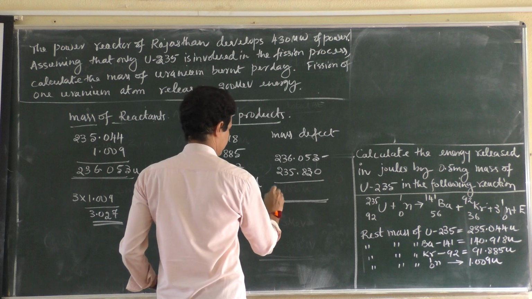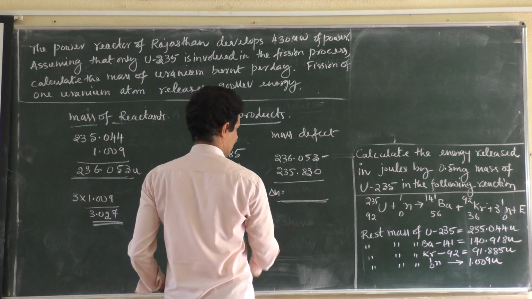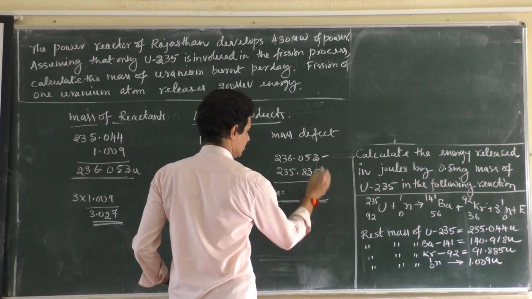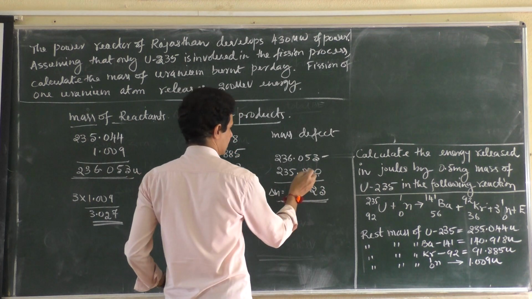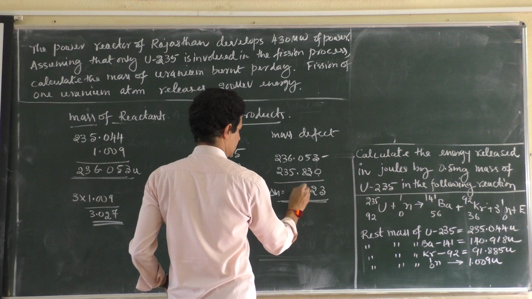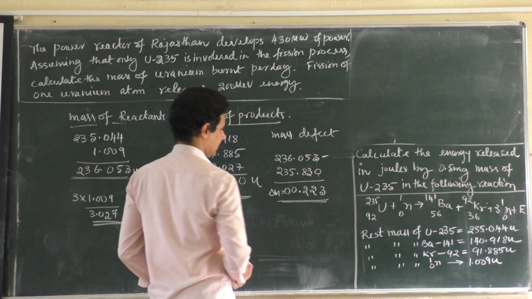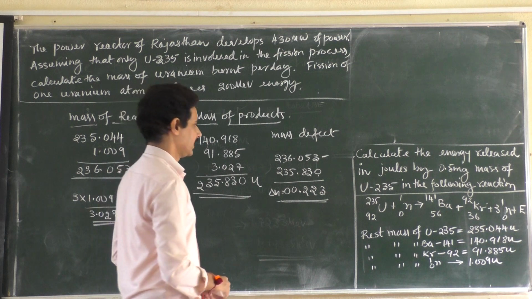That is delta M. The difference is 0.223 atomic mass unit, right?